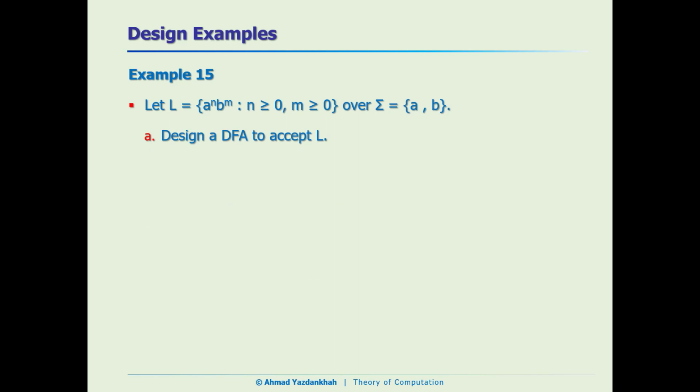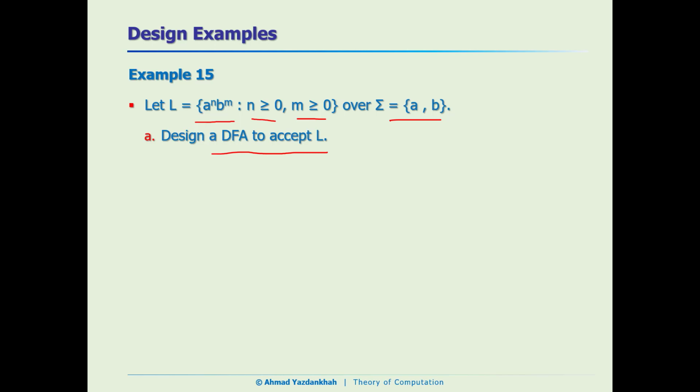Here is the set builder: a to the n, b to the m, n greater than or equal to 0, m greater than or equal to 0 over this alphabet. And the question is requesting to design a DFA to accept this.